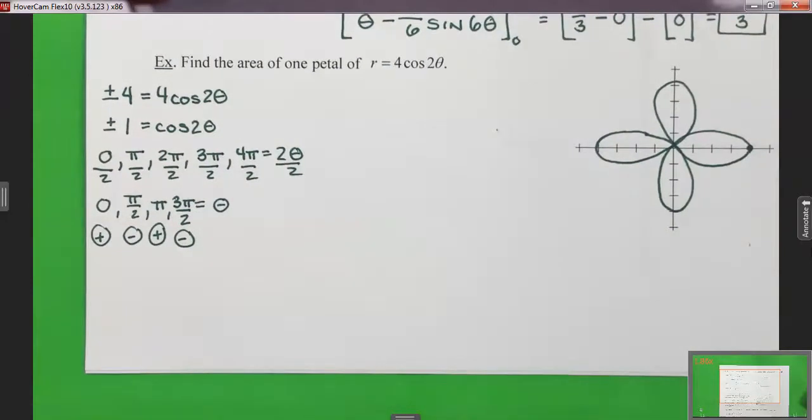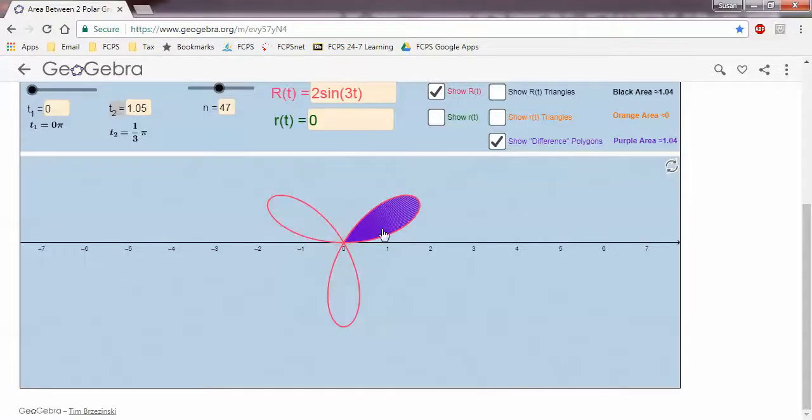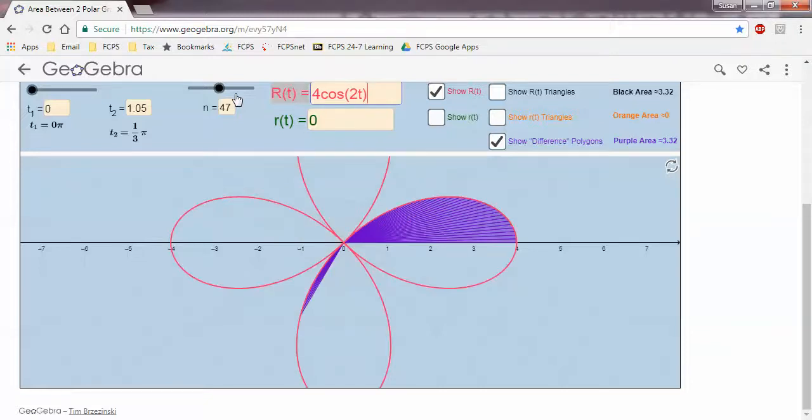There's a million ways you can set up your bounds since there's so much symmetry in this.